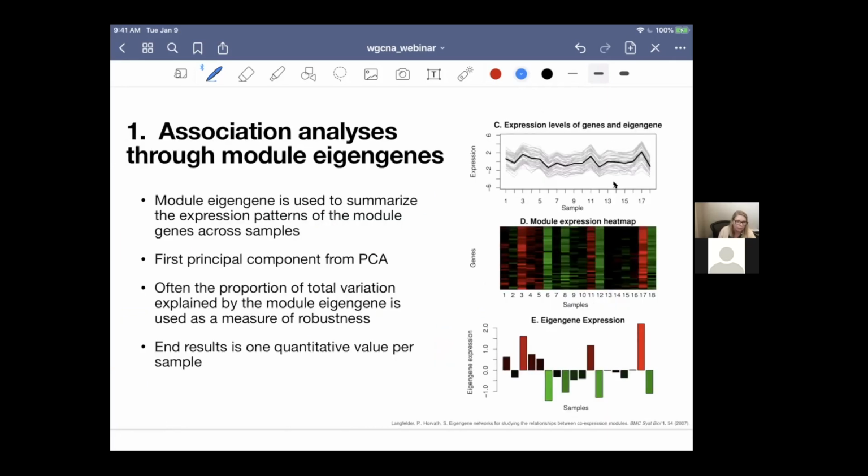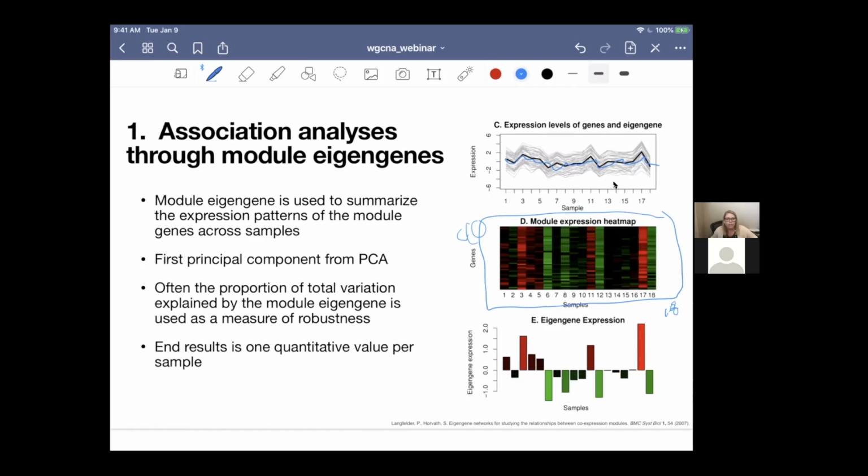Again, this is a little bit of a repeat from before, but the module eigengene is a way to summarize the expression patterns across our samples for a given module. So instead of having a matrix that has 40 genes across 18 samples, how can we summarize that into one value per sample to get a general idea of this pattern that we're seeing, for instance, in this graphic over our samples?